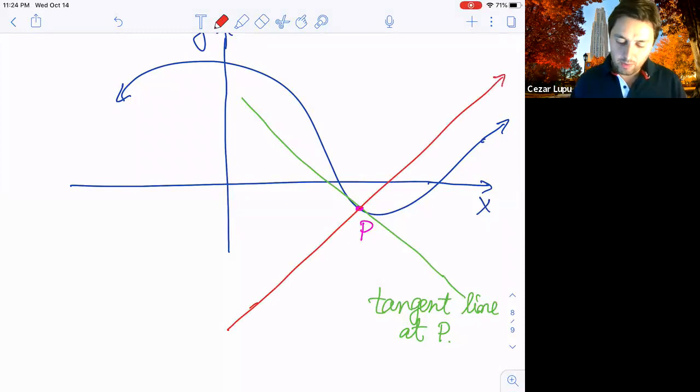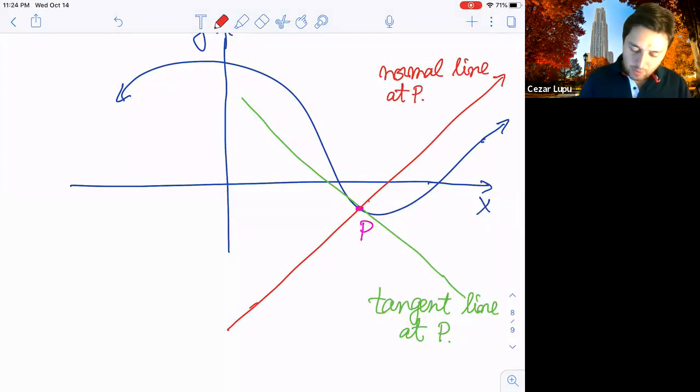So this will be what we'll call the normal line at P. So as you can see here, these two are perpendicular. So that's what you need to know about the normal line. So keep in mind this picture, right? So in other words, the product of the slopes has to be equal to -1.